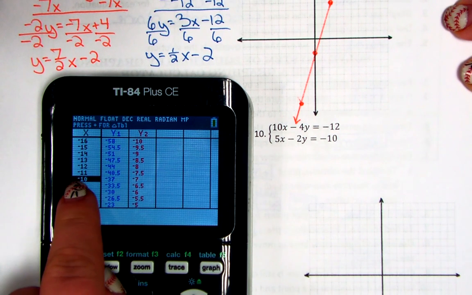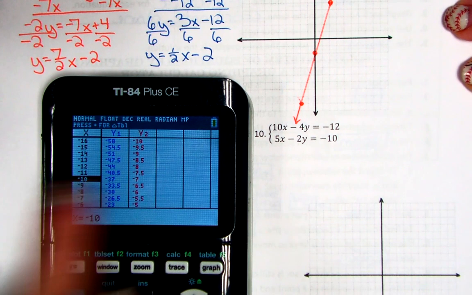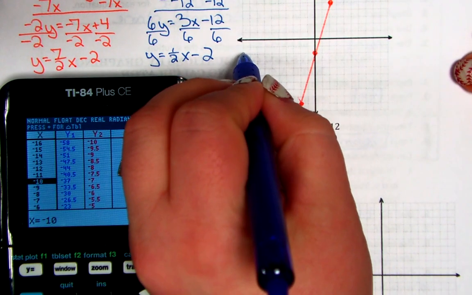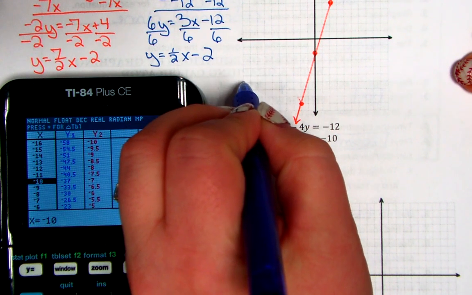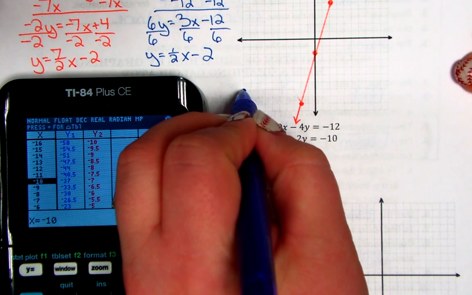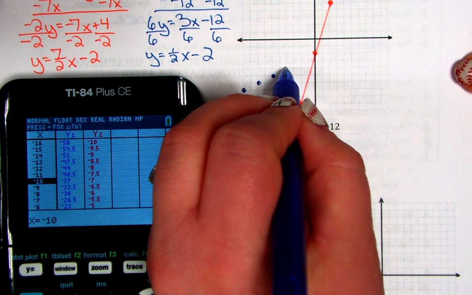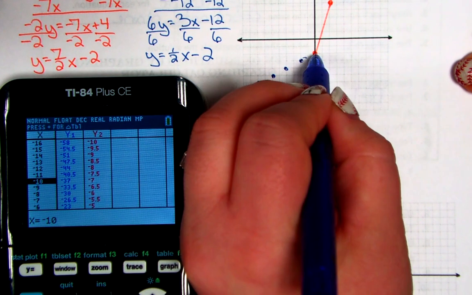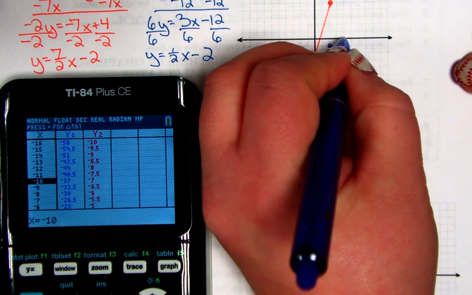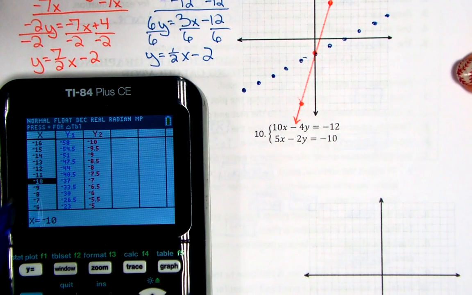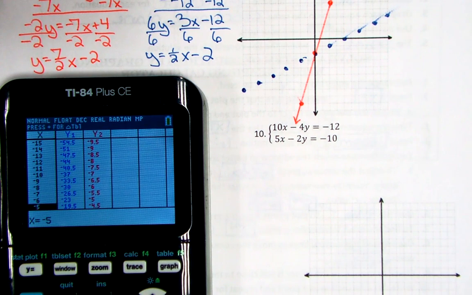So 10, -10, and -7 will fit. And we can see all of the points on here are just the same ones that I plotted here, just the nice ones. And draw our line.